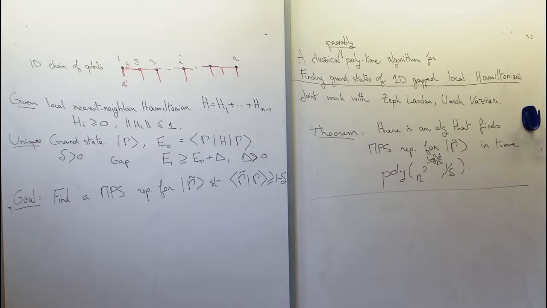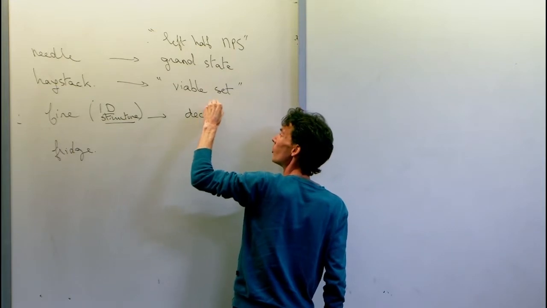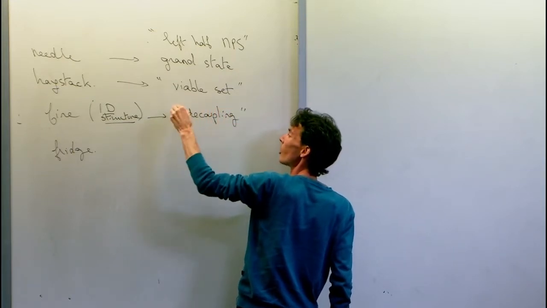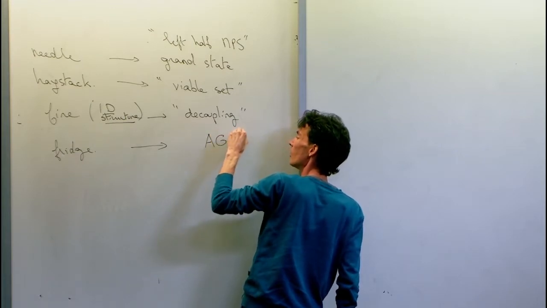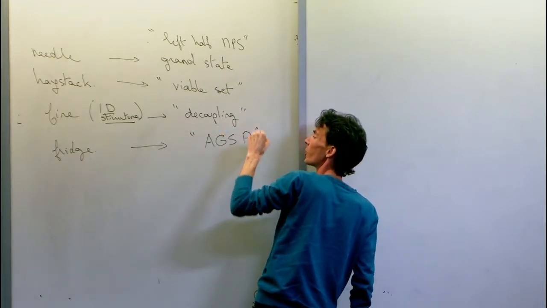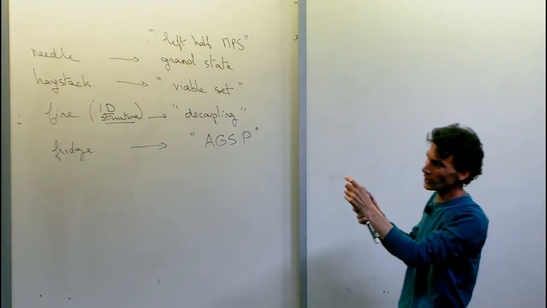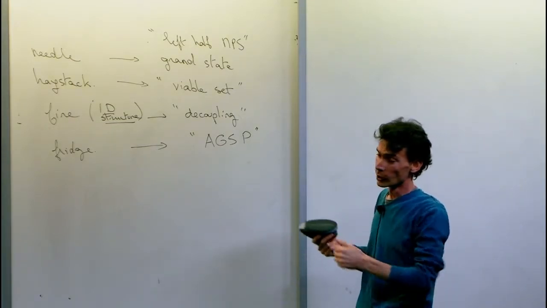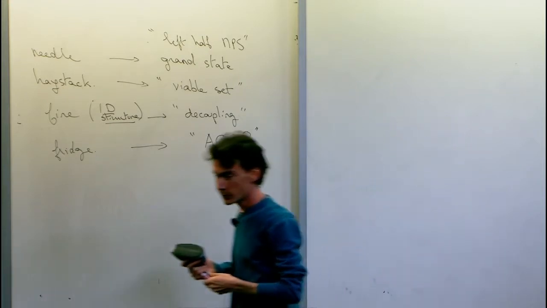So the haystack, we have a very fancy name for this one. It's going to be called the viable set, and I'll explain what a viable set is. Fire is something that we call decoupling. So this is going to use the one-dimensional structure, the decoupling procedure. And the fridge is an interesting object that's called approximate ground state projection. This is going to be some kind of an operator that you can apply to your vectors in order to improve the quality of approximation that you have so far.